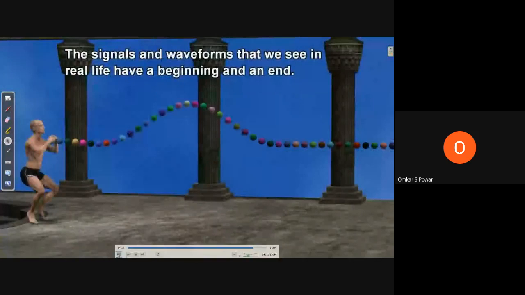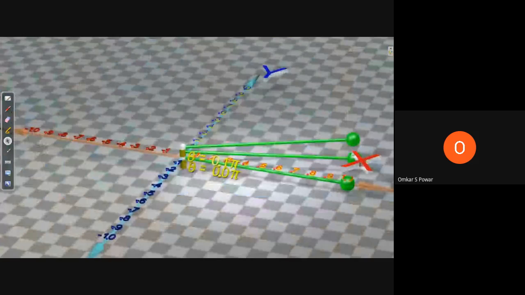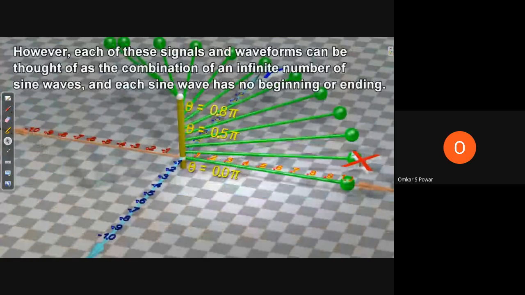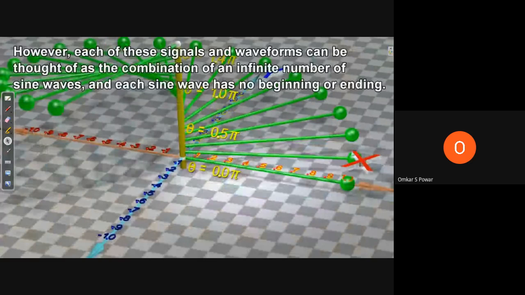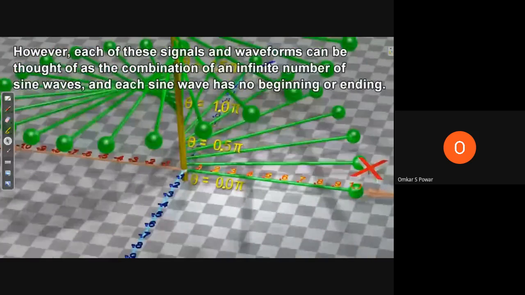So the signals which you see in real time will have a beginning and an end. So you can visualize them in terms of a combination of an infinite number of sine waves, and each sine wave has no beginning or ending. Like that, you can visualize that.